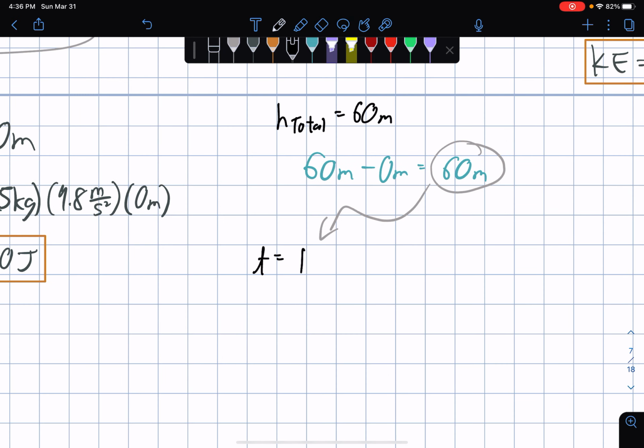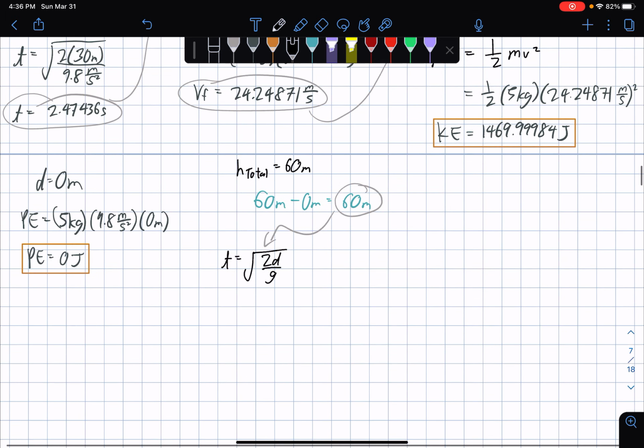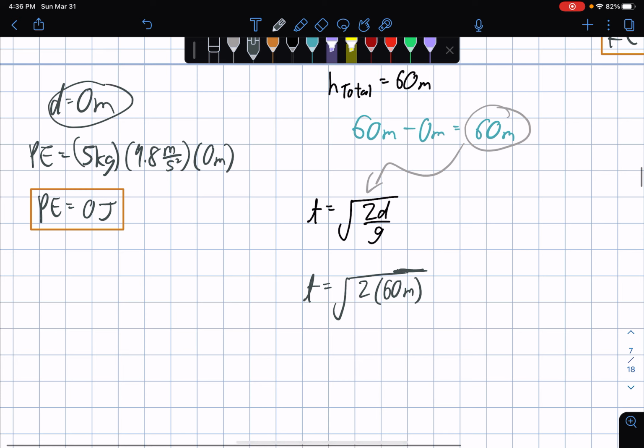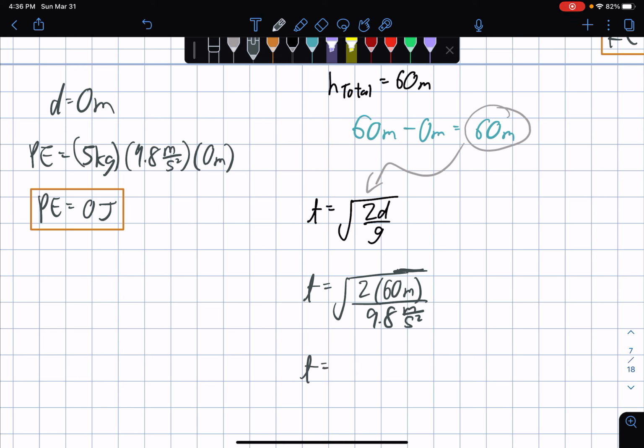So time is equal to 2D over G. Am I correct? Yes. Okay. Time is equal to 2 times the distance, which is 60 meters. Again, we don't use this one. We divide it by 9.8, or the gravitational acceleration. 120 over 9.8. What is that equal to?